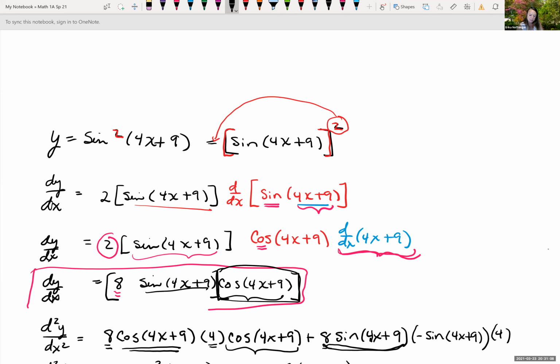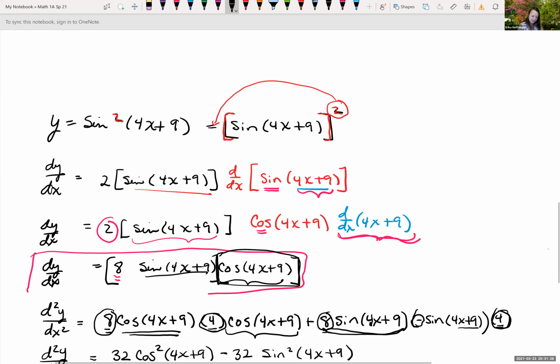Well, the derivative of the cosine is negative sine of the inside, 4x plus 9, times the derivative of the inside, which we found was 4. So just multiplying our coefficients in here, 8 times 4, that gives us a 32. And here we have 4 times 8, and there's a negative 1 here.